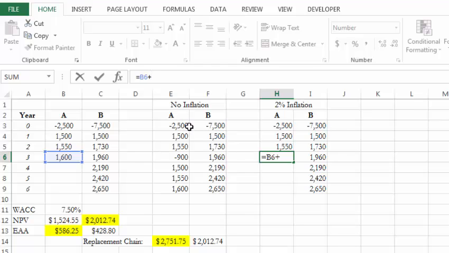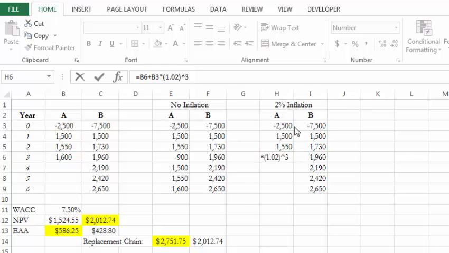to the 2500 times 1.02, that's the 2%, and we're going to allow it to grow 3 times: 1 at time 1, 2 at time 2, and 3 at time 3.